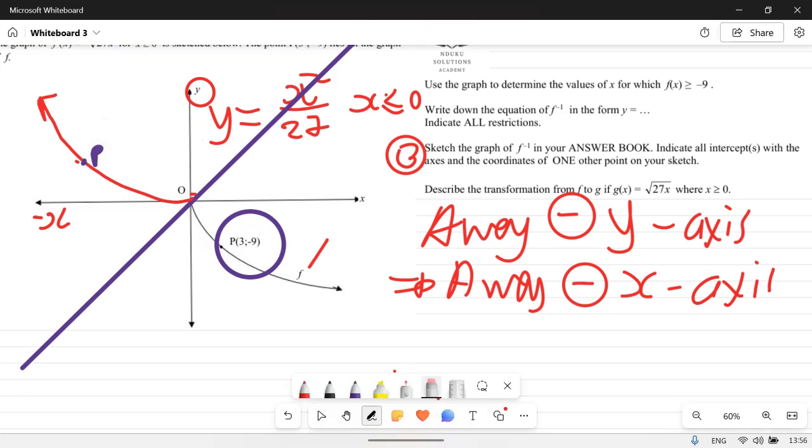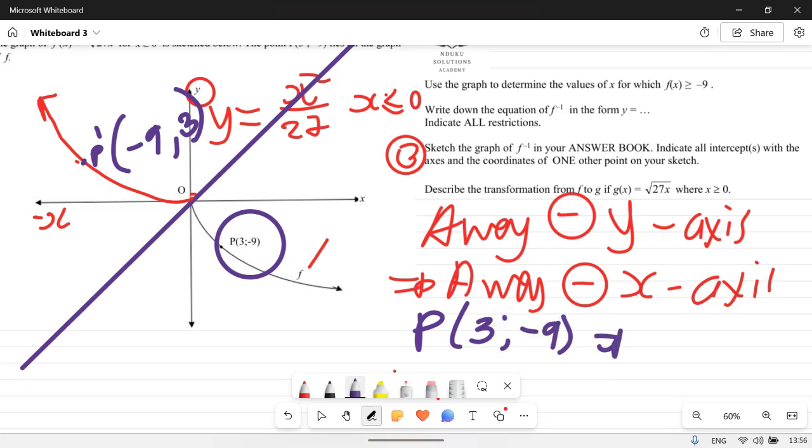The image will just swap x and y. P was actually x was 3, y was -9, and then its image will now swap to -9 and 3, and it's true. So it shows that our graph is actually true.